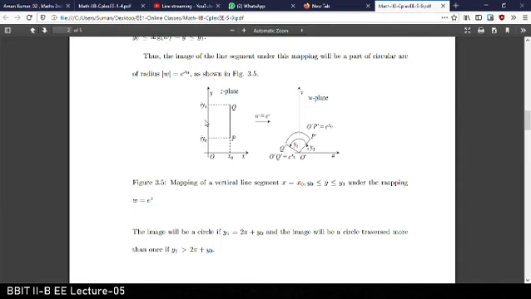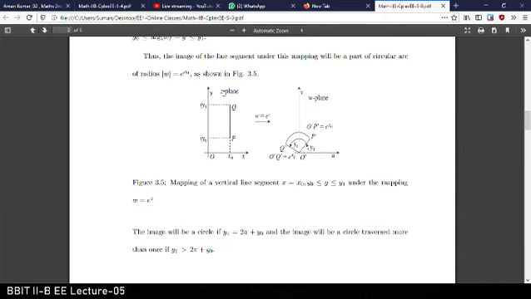Suppose y1 is 2 pi plus y0. This distance is 2 pi, and y1 is y0 plus 2 pi. In that case, it will rotate through a full 2 pi angle. If it is less than that, we will find some part of this circle, not full.